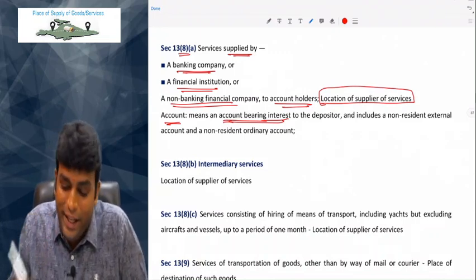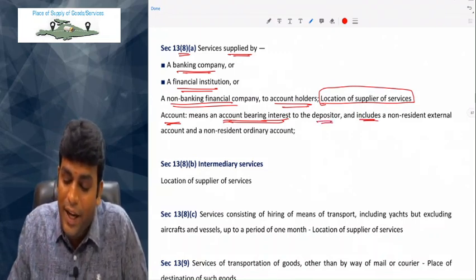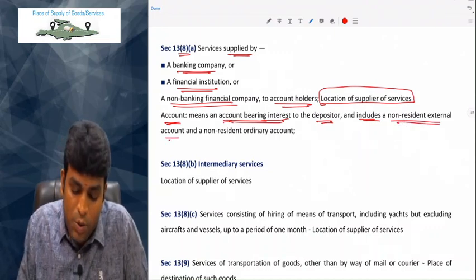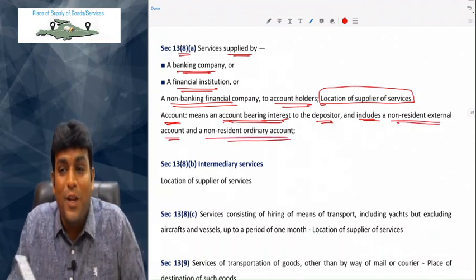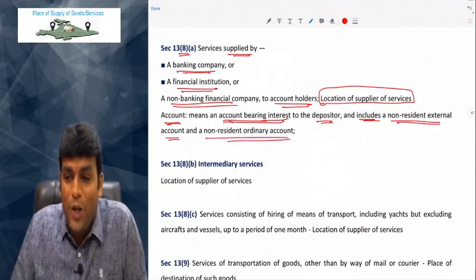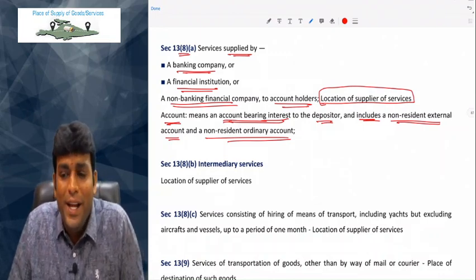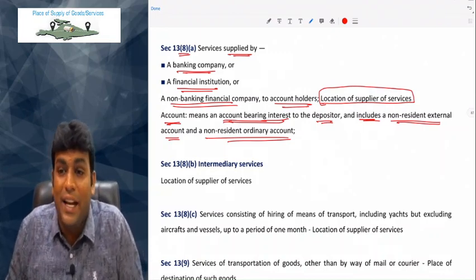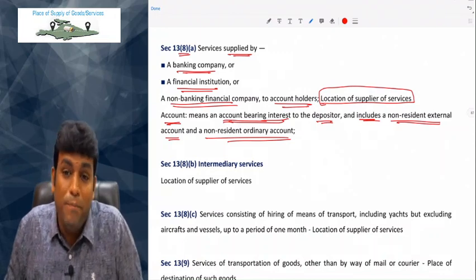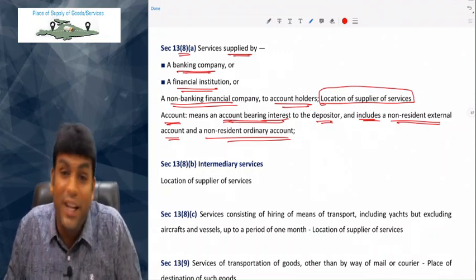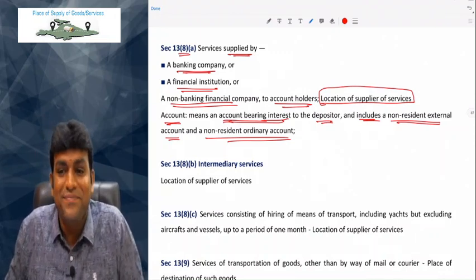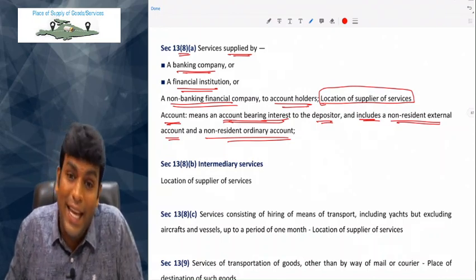Account means account bearing interest to the depositor and includes a NRE account or NRO account. Non-resident external, non-resident ordinary. I hope you know the difference between NRE account and NRO account. If a foreign person is depositing money in India from a foreign country, he will do that through an NRE account.